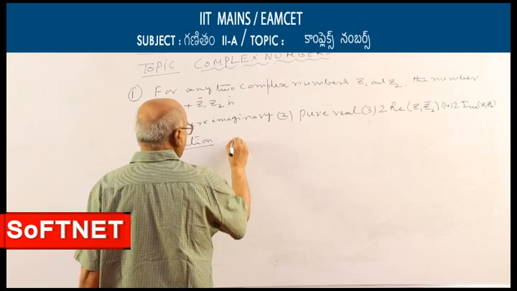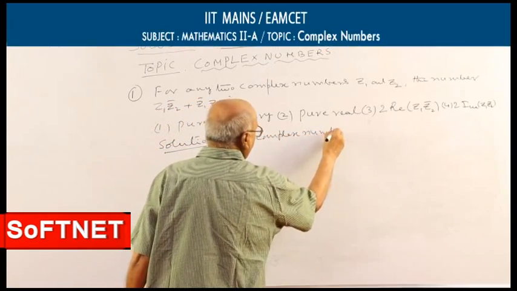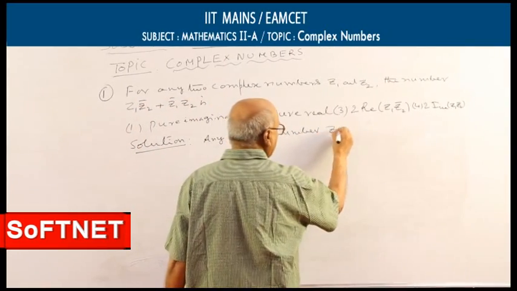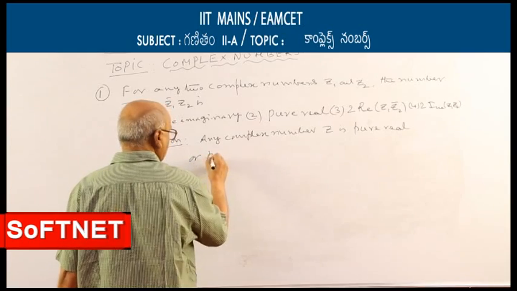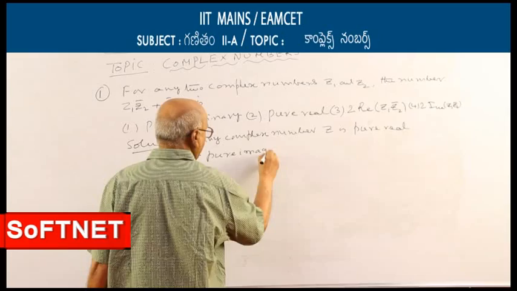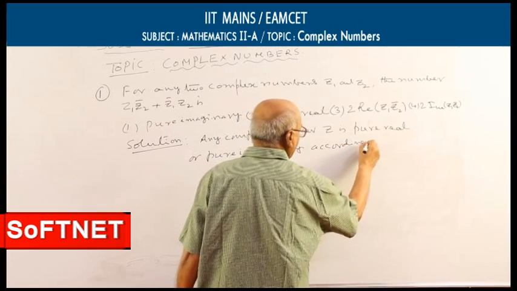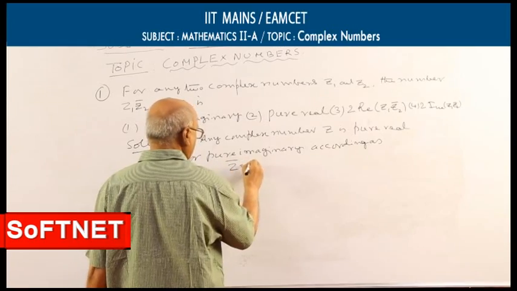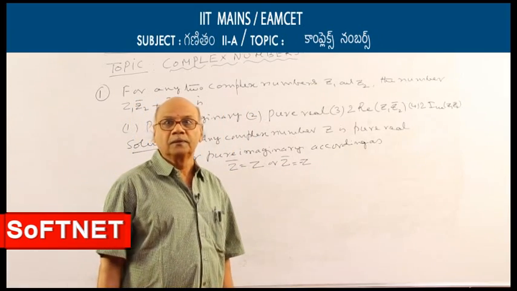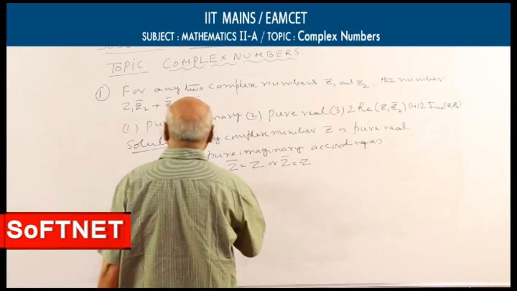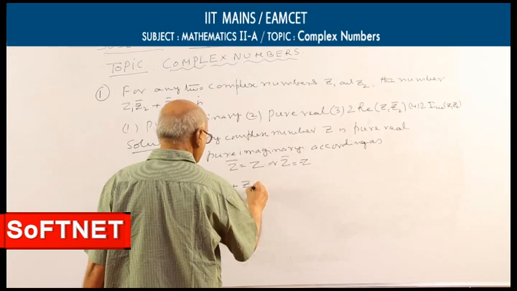Any complex number Z is pure real or pure imaginary according as Z bar is equal to Z or Z bar is equal to minus Z. Now we'll take Z1 Z2 bar plus Z1 bar Z2.